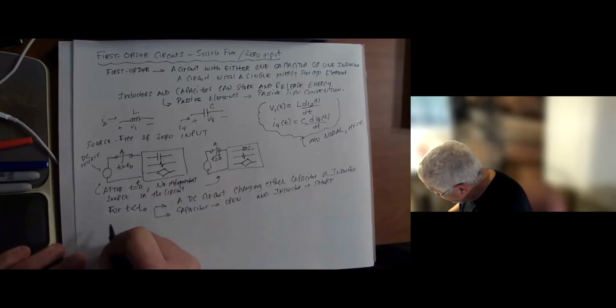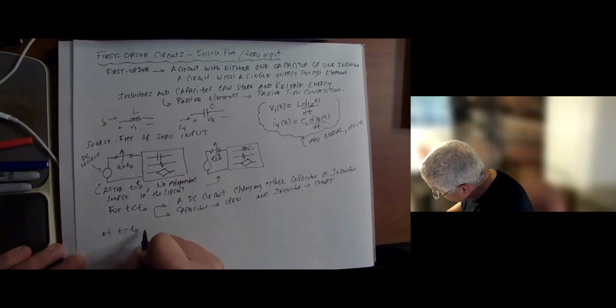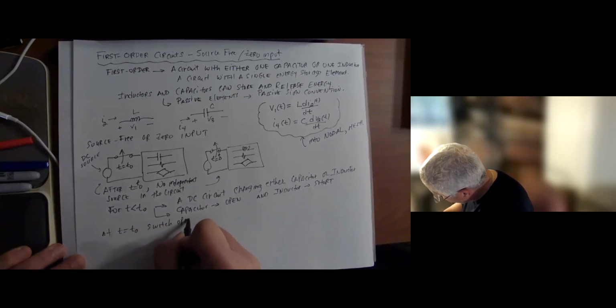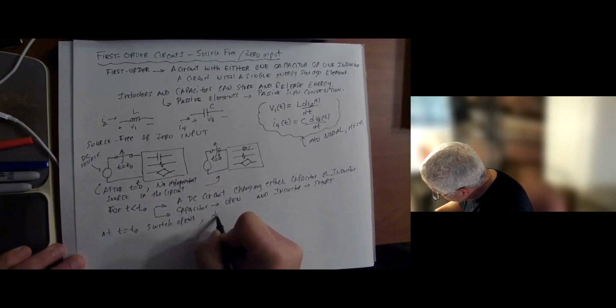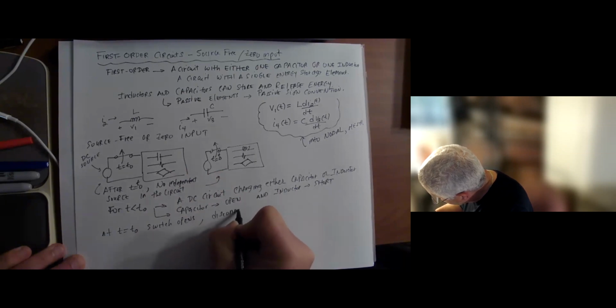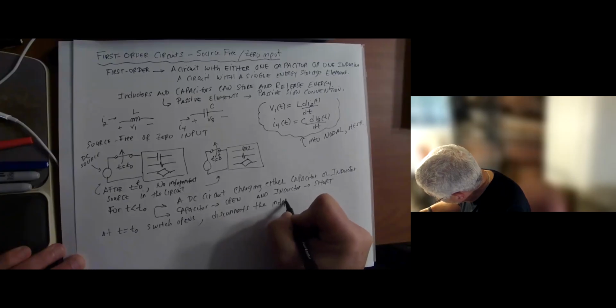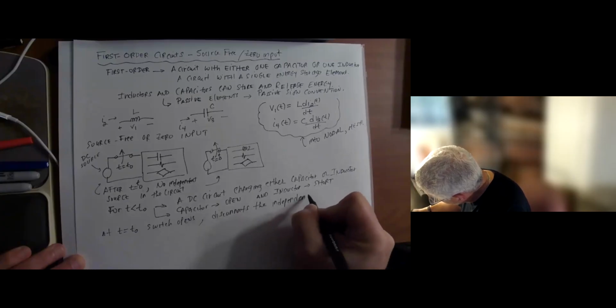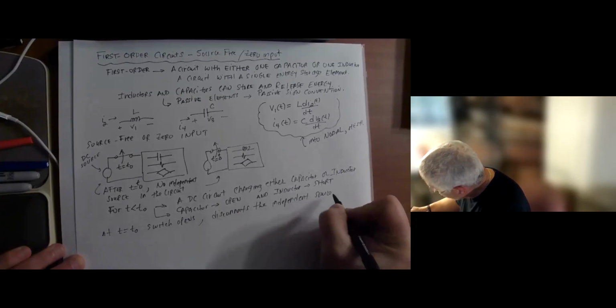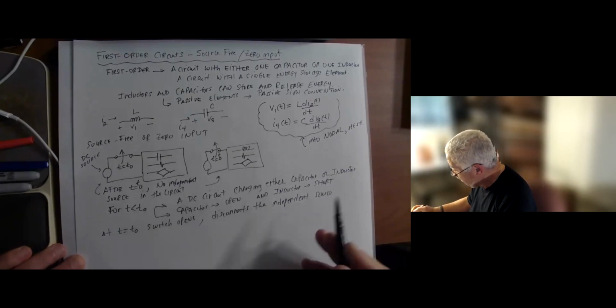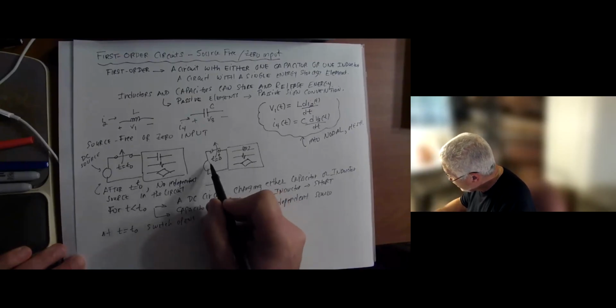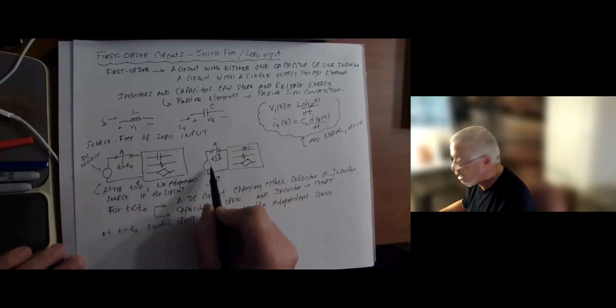And then, of course, at T equal T naught, the switch opens and disconnects the independent source. Then you have a circuit that looks like this without the independent source connected.